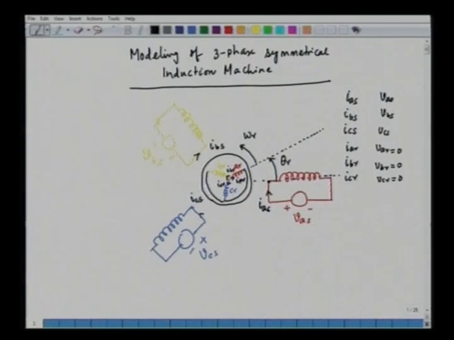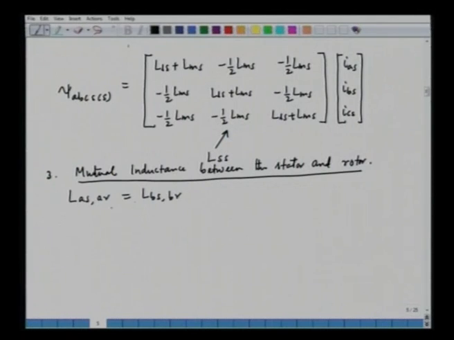The situation between AS and AR will be the same as the situation between BS and BR, and the same thing will be happening between CS and CR. So we can say that these inductances will be equal: LASAR equal to LBSBR equal to LCSCR. Now what is this inductance? This inductance is LMS into cos theta r, because the angle between AR and AS is theta r.